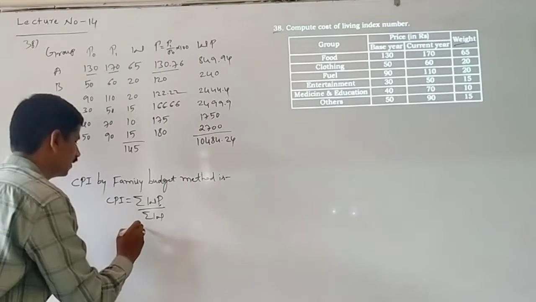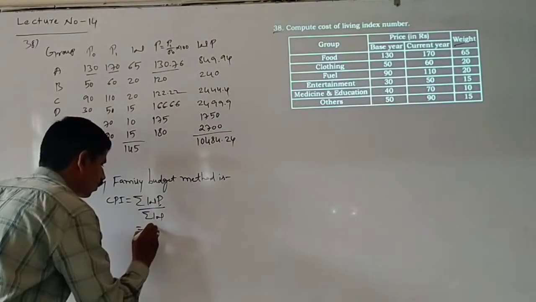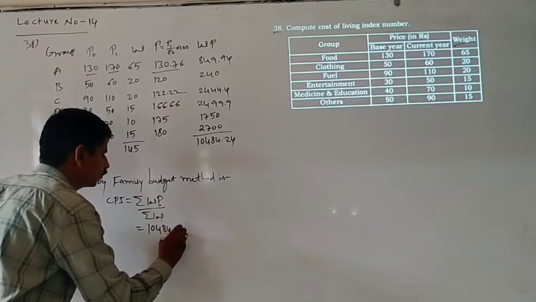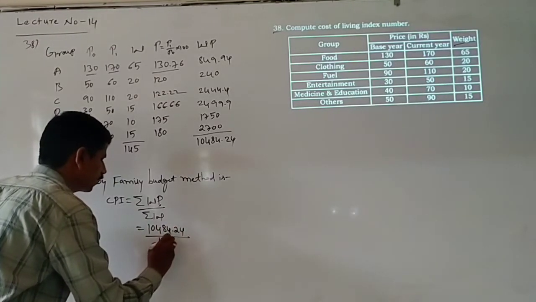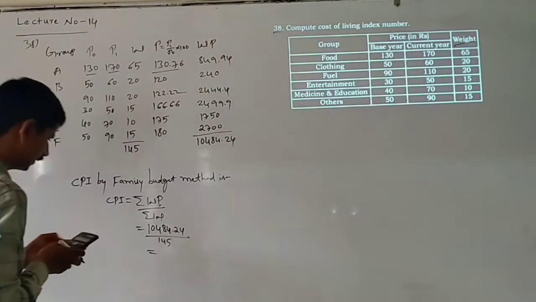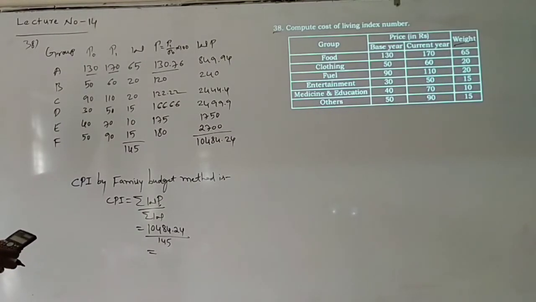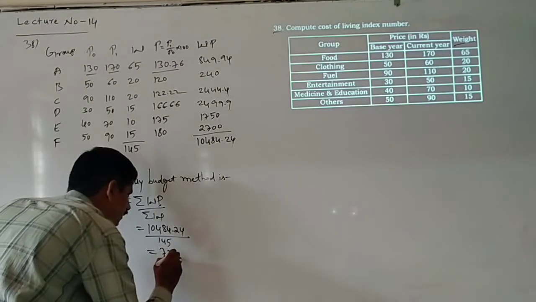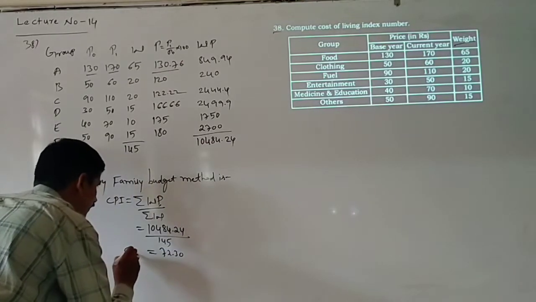Then substituting the values, sum of WP is 10484.24 divided by sum of W, 145, we get 72.30.